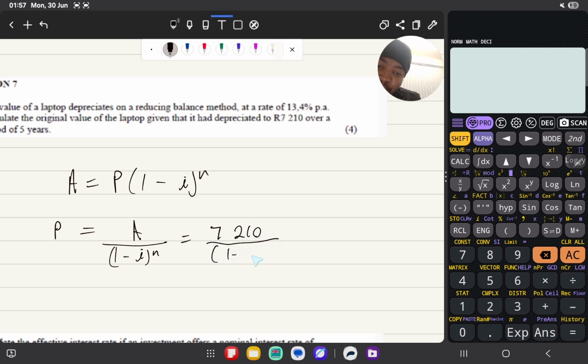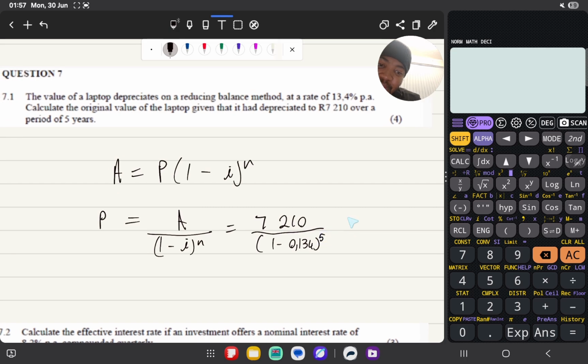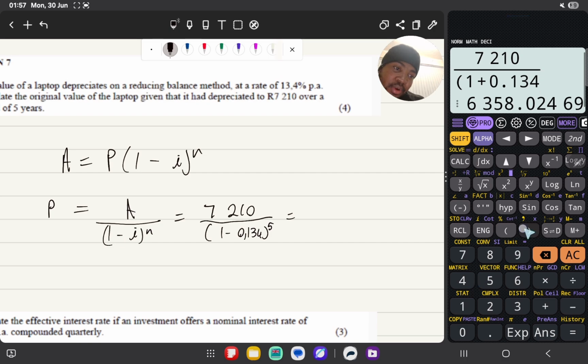You have 1 minus your interest, which is 0.134, over a period of 5 years, so to the power of 5. And the value we are getting is 7,210 over 1 plus 0.134 all to the power of 5.